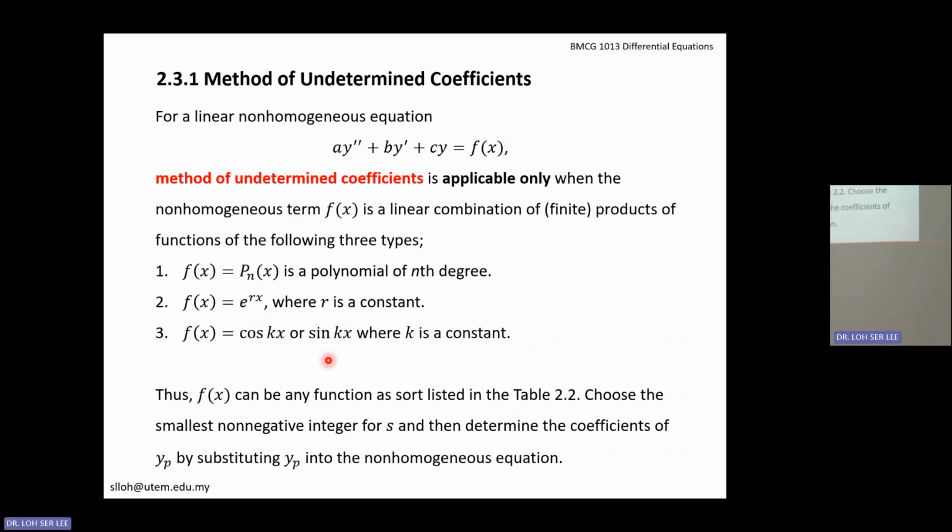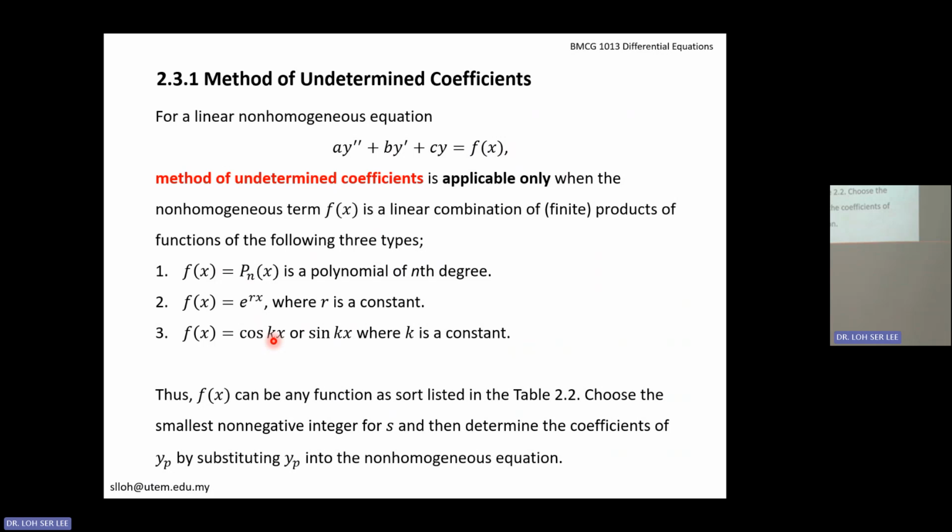Product means you can have a polynomial multiplied to an exponential, or an exponential multiplied to cos or sine, or a polynomial multiplied to an exponential and also cos and sine.